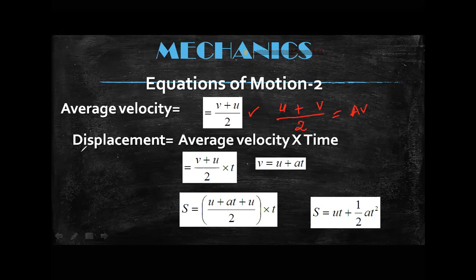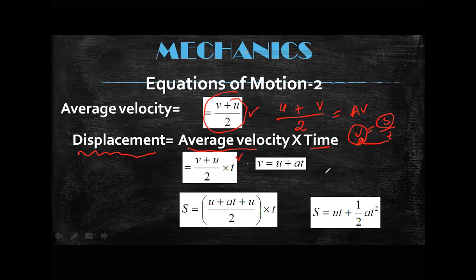If I want to calculate displacement, we know that velocity is equal to s by t, so displacement is velocity into t. Here we are taking the average velocity into time. What is my average velocity? I already got it here: (v plus u) by 2 into time t.